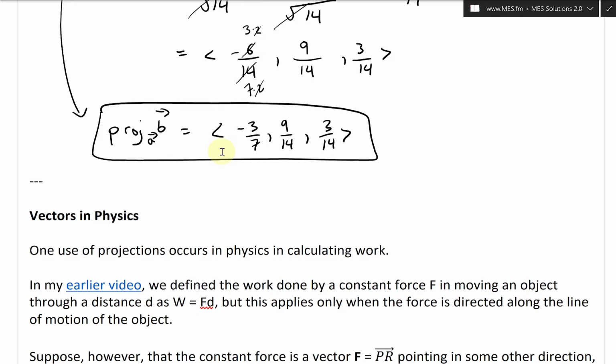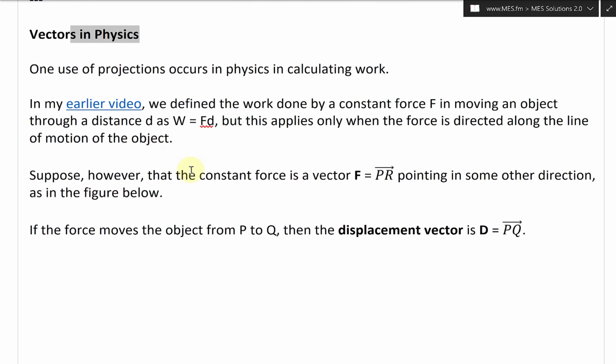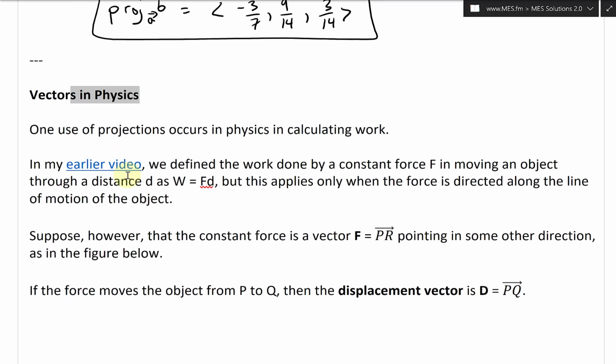All right, so now that we solved that, let's go over the last section of this extensive video. Vectors in physics. One use of projections occurs in physics in calculating work. In my earlier video, we defined the work done by a constant force F in moving an object through a distance d as work equals force times distance, but this applies only when the force is directed along the line of motion.